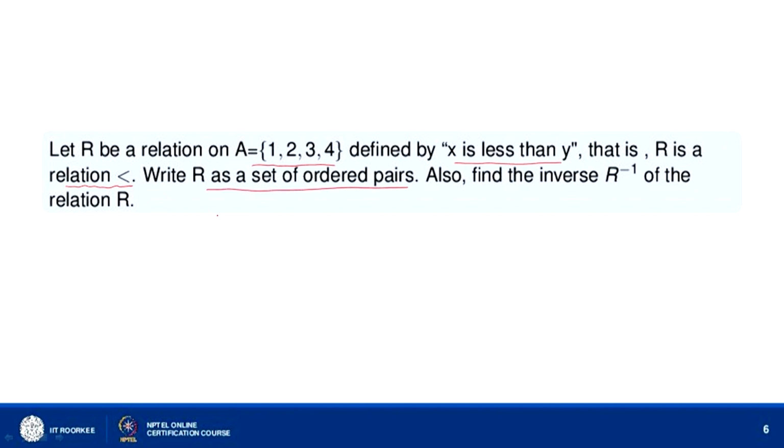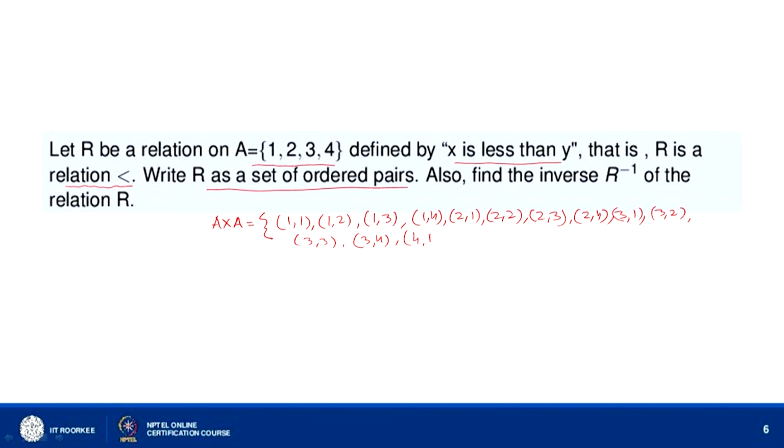Let us see, A cross A will consist of elements like (1,1), (1,2), (1,3), (1,4), (2,1), (2,2), (2,3), (2,4), (3,1), (3,2), (3,3), (3,4), (4,1), (4,2), (4,3), and (4,4).